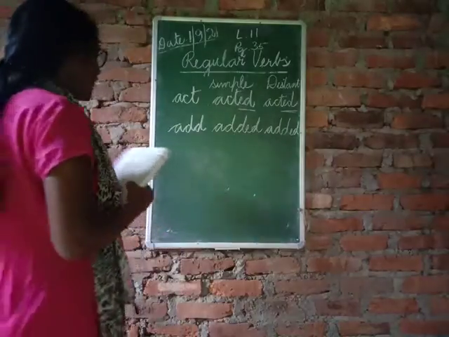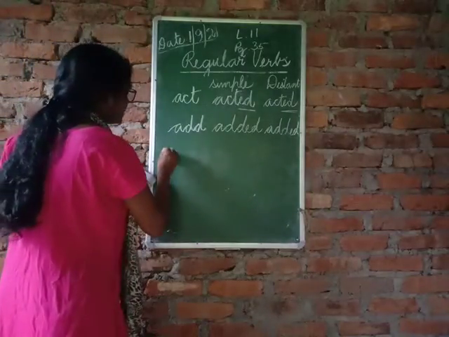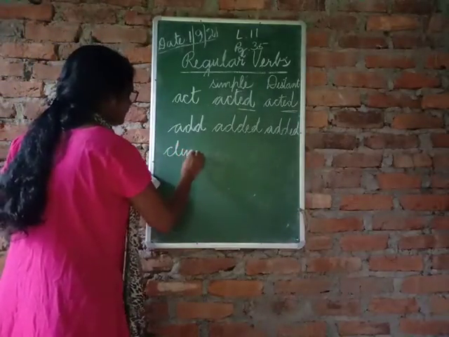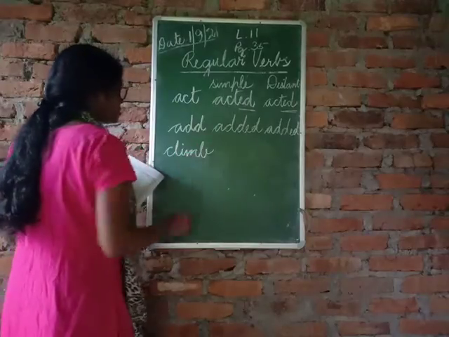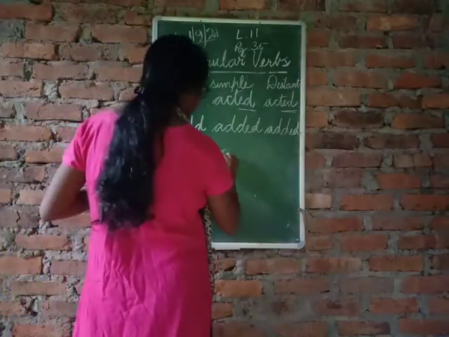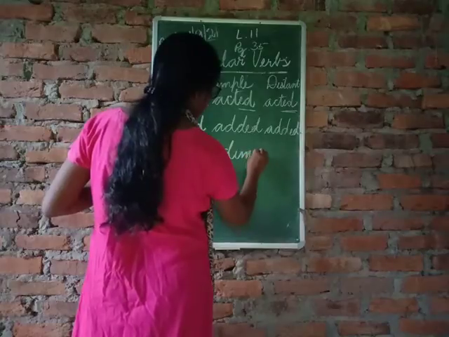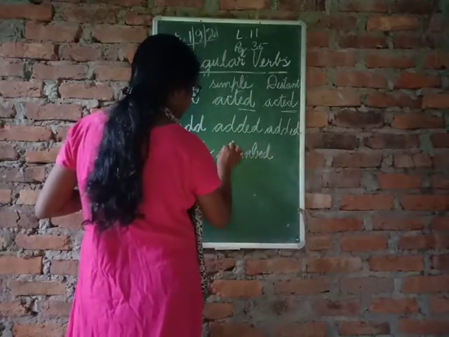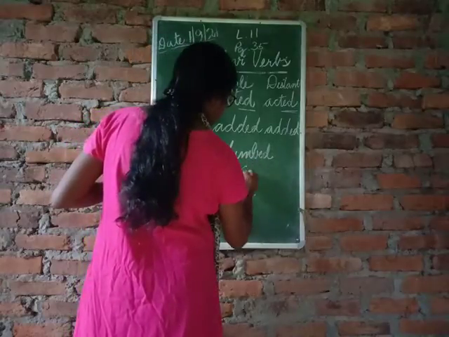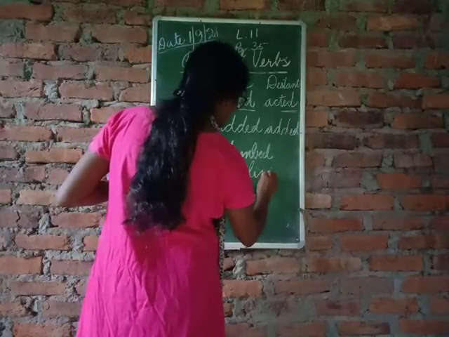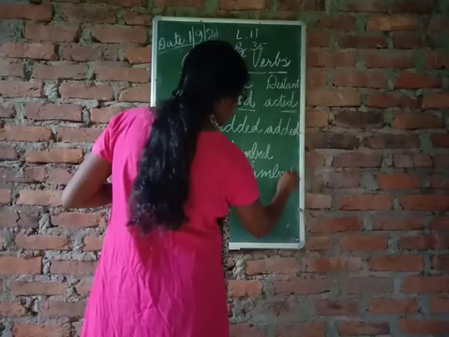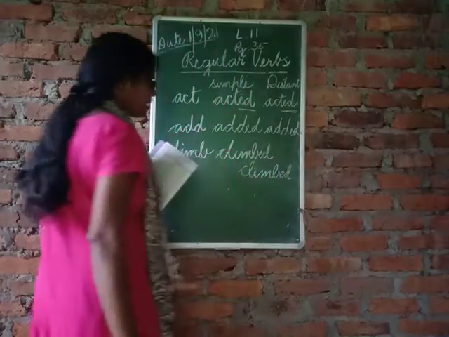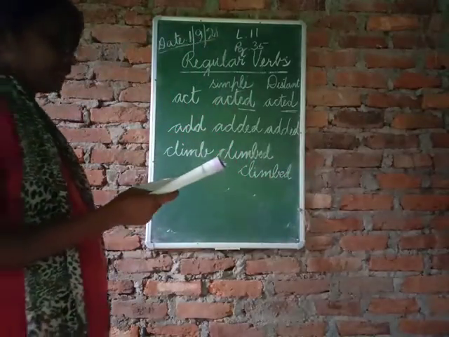Now see, I climb a tree, I can climb a tree, I climbed a tree. অলপ দিনৰ আগতেও climb কৰিছিলা না, climbed, I climbed a tree, and distant climb also climbed.